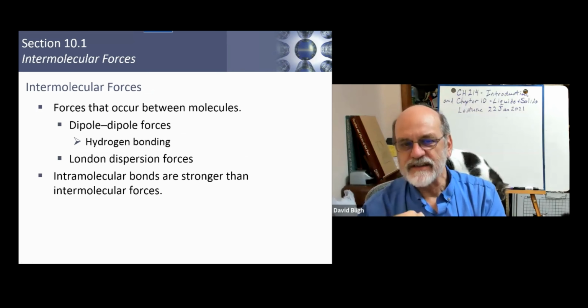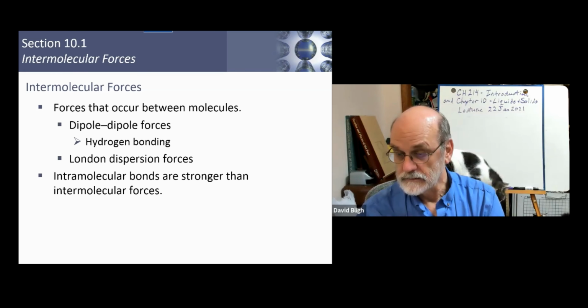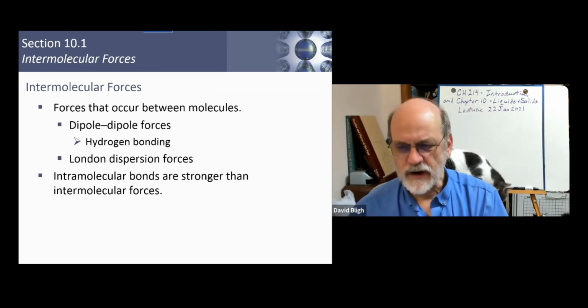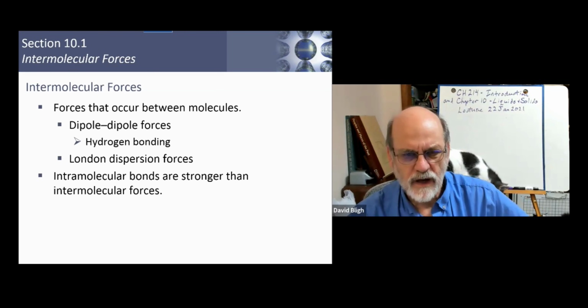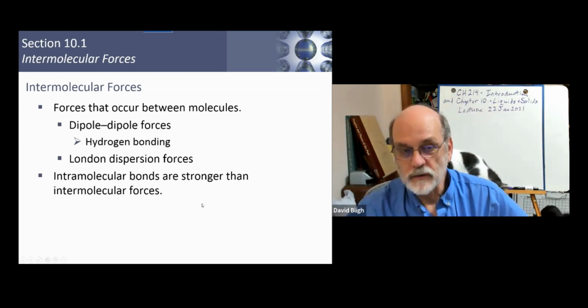And they come in basically two flavors. There are dipoles, and I'm trying to remember if we introduced the dipole concept. Maybe we did, maybe we didn't, but it would be good to review.